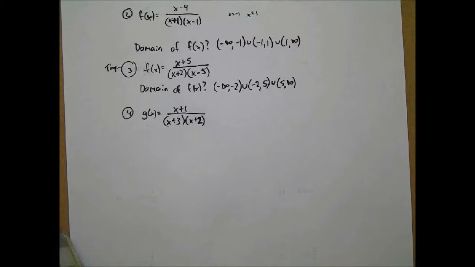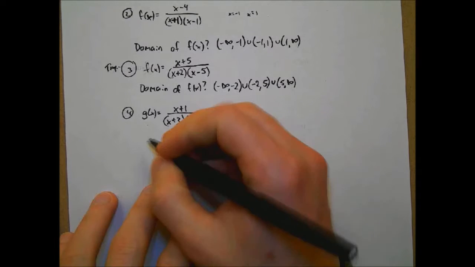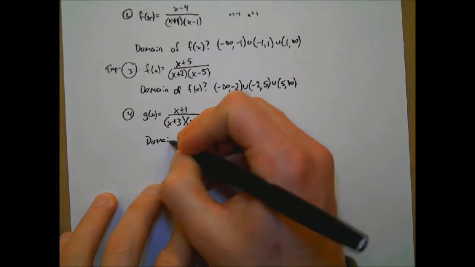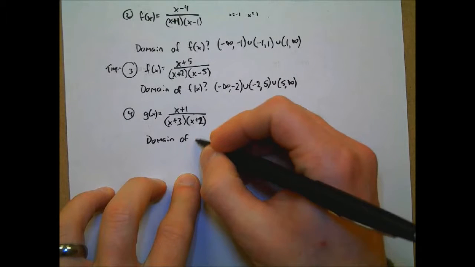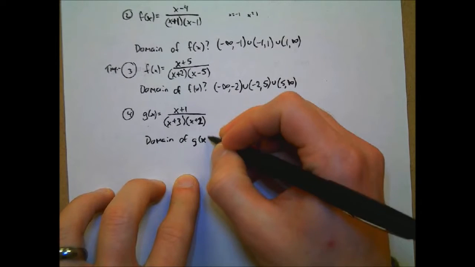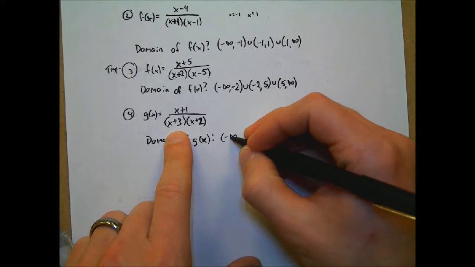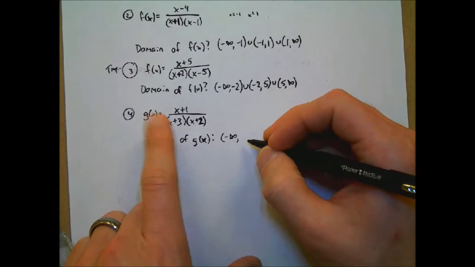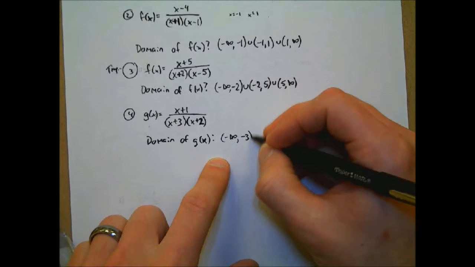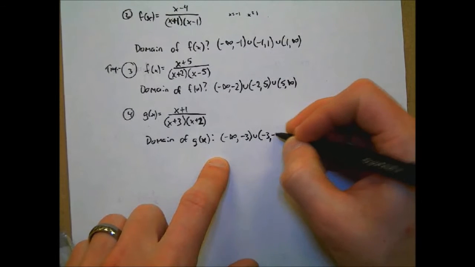So in this case, just one more here. The domain of g of x would be negative infinity to, let's see, we're going to hit negative 3 first there. And then negative 3 to negative 2, because we have to go from negative 3 to negative 2.